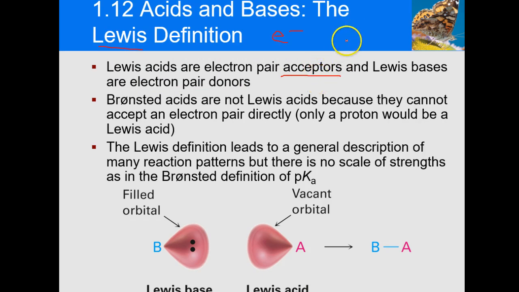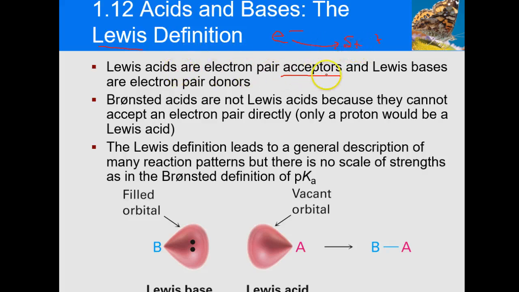So an acid, if you think about it, has a positive charge or partial positive charge, right? That's the charge on acids. So acids are going to accept electrons. Electrons are negatively charged. Remember, opposites attract in chemistry. So electrons go to the positive charge.